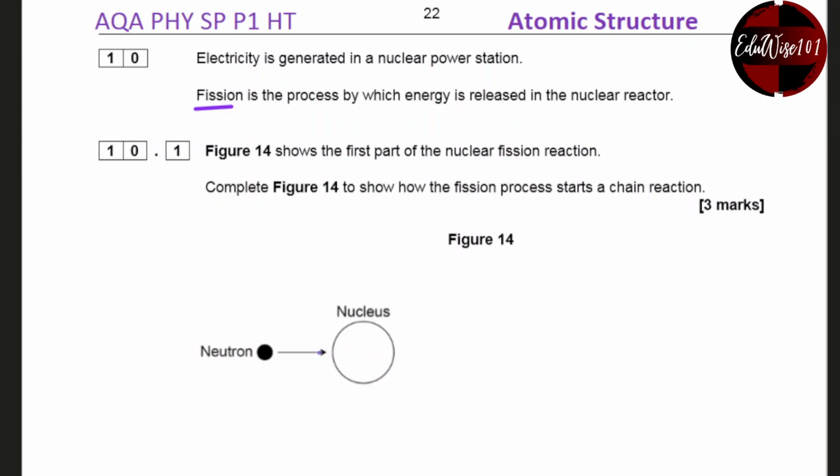So, once that neutron goes into the nucleus, that nucleus splits up into two daughter nuclei, and it also produces 2 to 3, right? Generally 3, but 2 is fine as well. 3 neutrons.